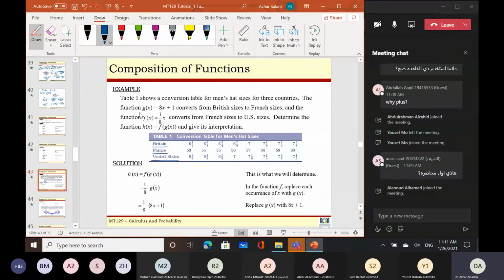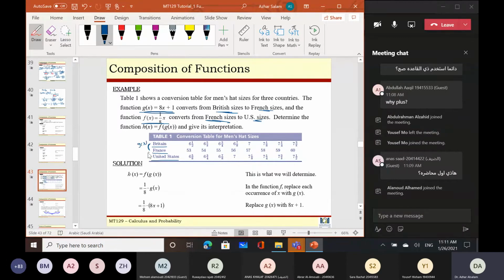The function g, given as 8x plus 1, converts from British sizes to French sizes. Okay, g between British and French. And the function f, which is 1 over 8 of x, converts from French sizes to US sizes. So if I have to convert from British to French, I use g.